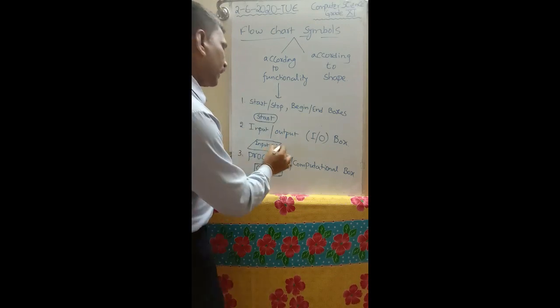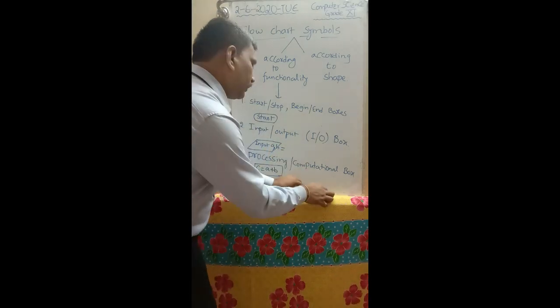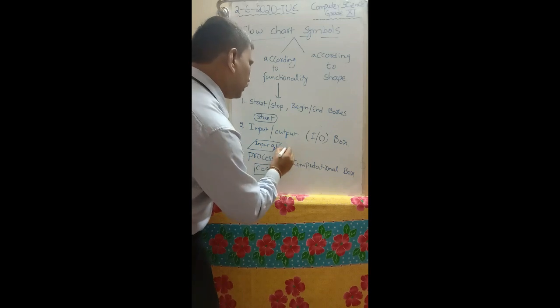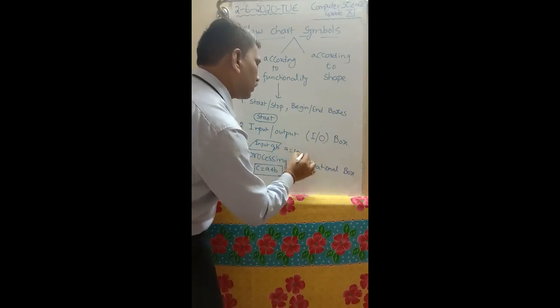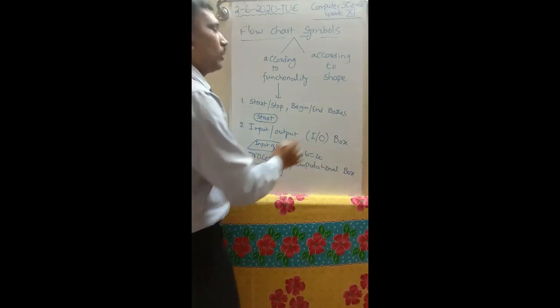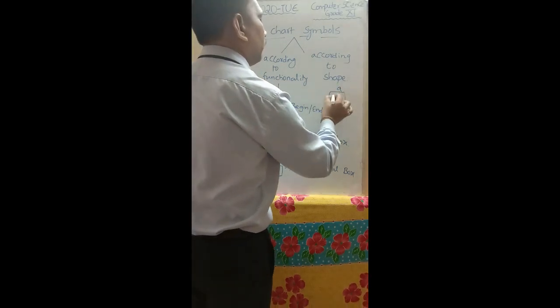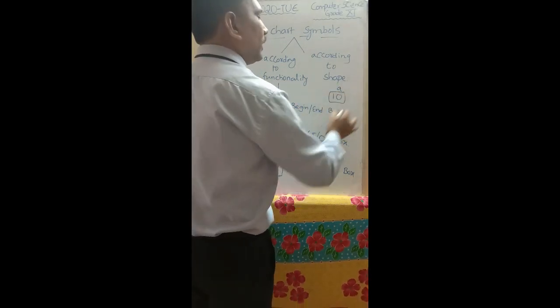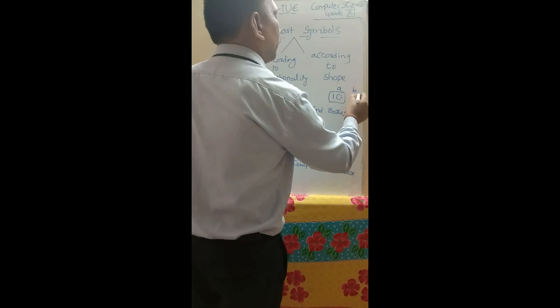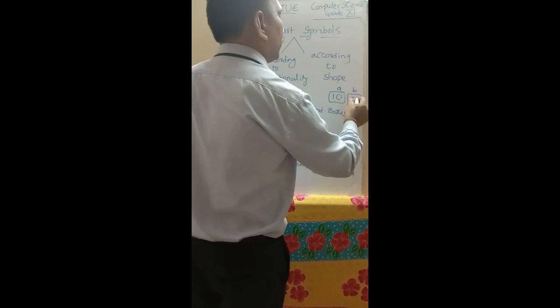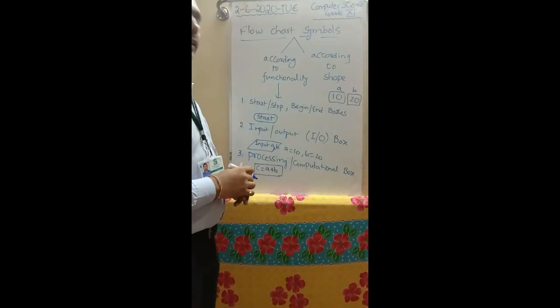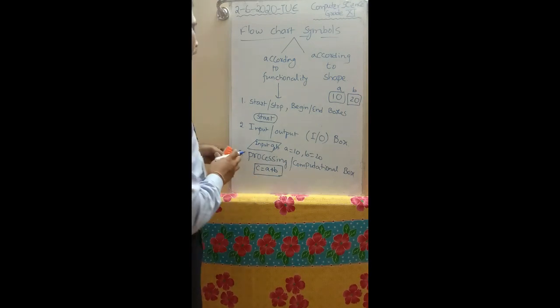I am giving A is equal to 10 and B is equal to 20. So variable A is stored in memory with the value 10, and variable B is stored with the value 20. Okay. So in this way, next coming to the fourth one.